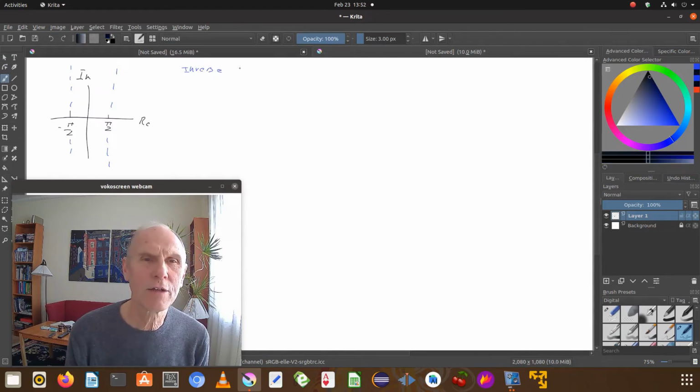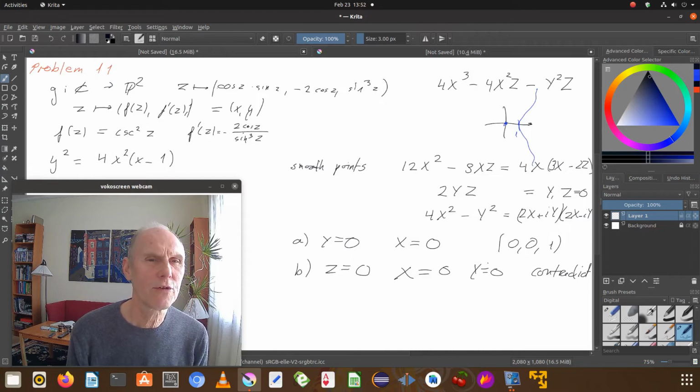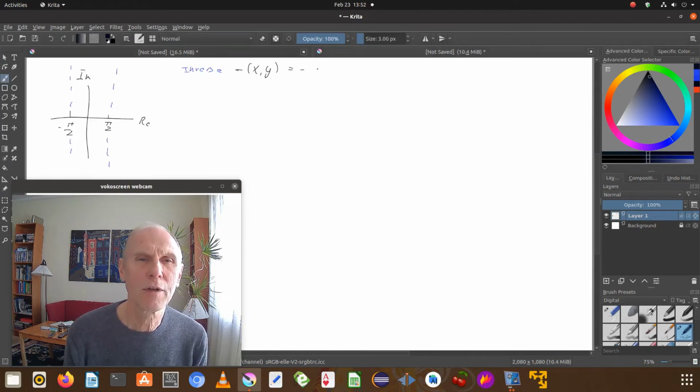Now we use the additive notation, so it's minus (x, y), and we'll just use this guy because we already have taken care of the neutral element. And that we get from taking the opposite z value.